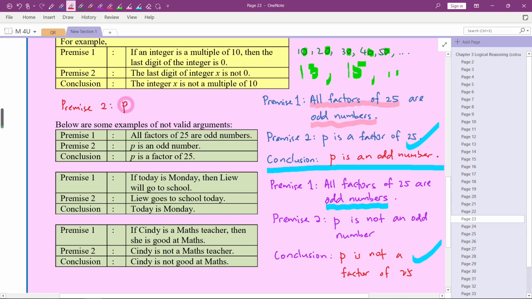So P is not a factor of 25. Then the conclusion will be, so we might think the conclusion will be P is not an odd number.